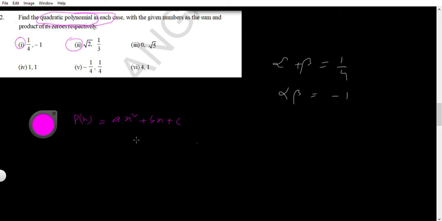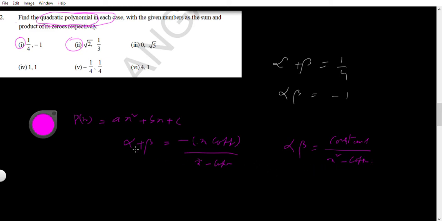In the previous question we discussed the sum of zeros. Sum of zeros is nothing but alpha plus beta, that we discussed, minus of x coefficient by x square coefficient. We know this formula. And product of zeros, alpha beta, is equal to constant by coefficient of x square.